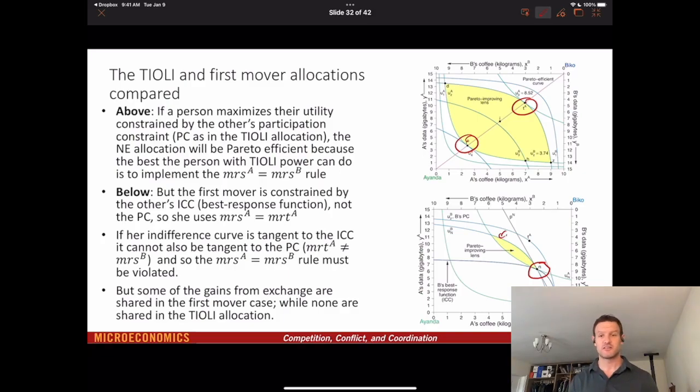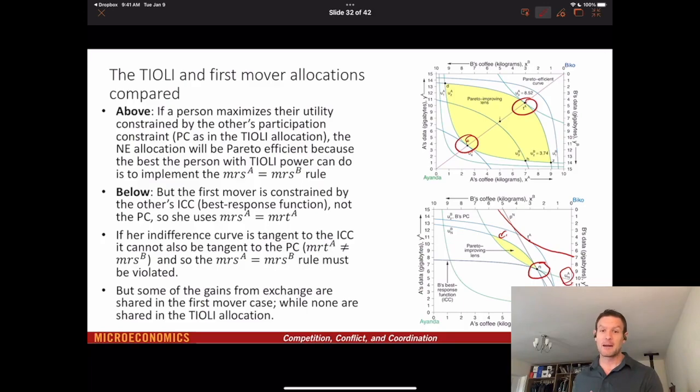He has higher utility than he would have had if Ayanda had take it or leave it power. Moreover, Ayanda has slightly lower utility at UNA than she would have had if we sketch an additional indifference curve for her there, that is the indifference curve she would have been on if she had take it or leave it power.